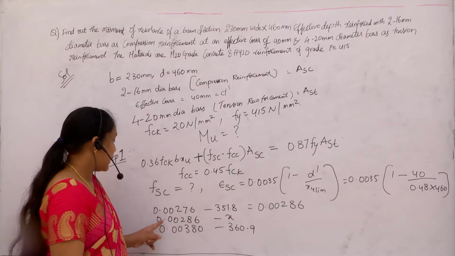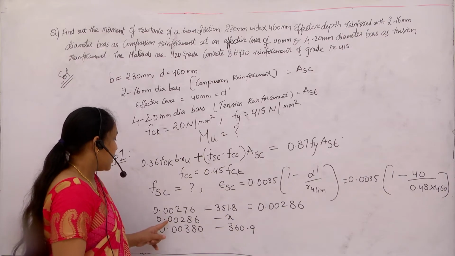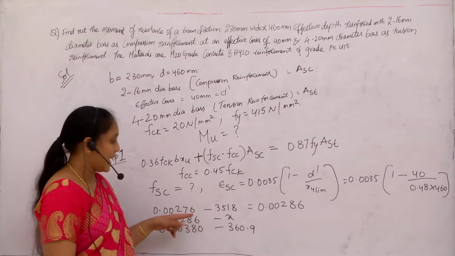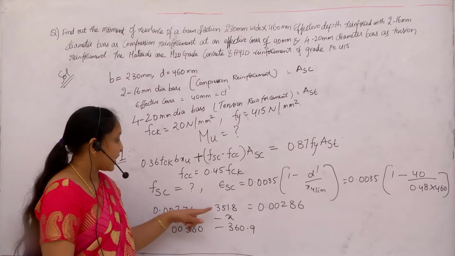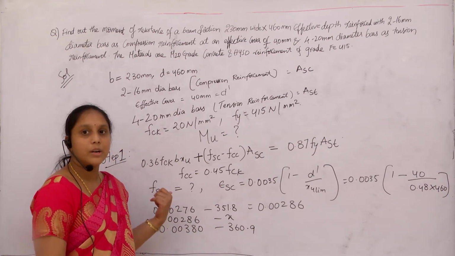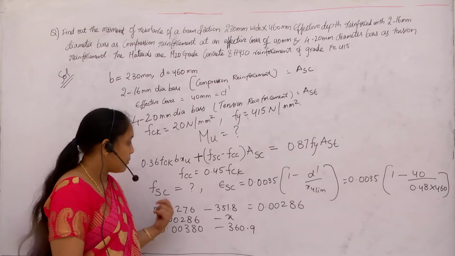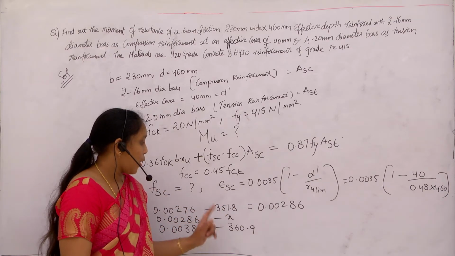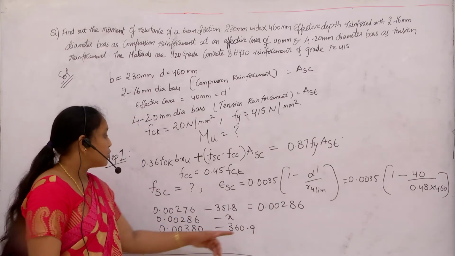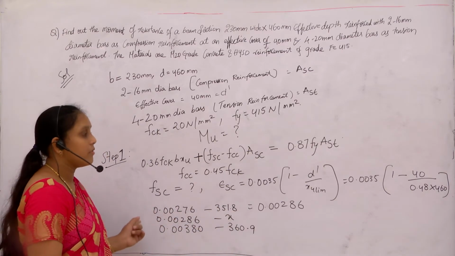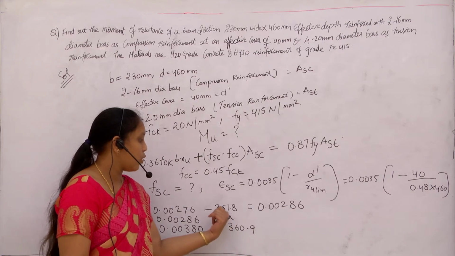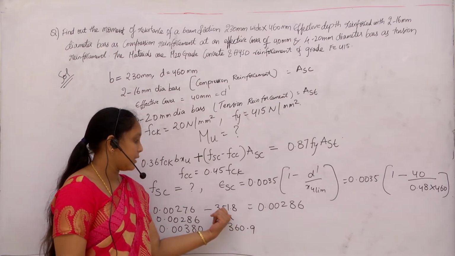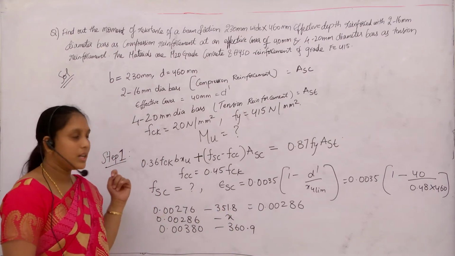So this particular strain of 0.00286 lies between these two strains, and these two strain values were already calculated previously in the table. You can see that is 351.8 and 360.9. From this we do the linear interpolation and get this particular value of fsc, where x here is the fsc, that is the stress.